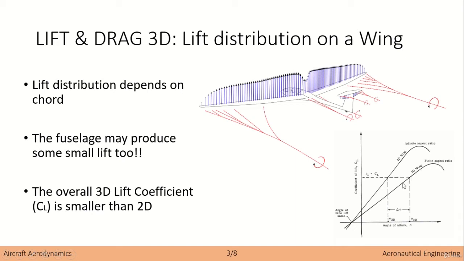You can see that the increase of the coefficient of lift as a function of the angle of attack is a bit smaller, and this is basically due to the 3D configuration, and also due to the downwash which is produced at the wingtips.